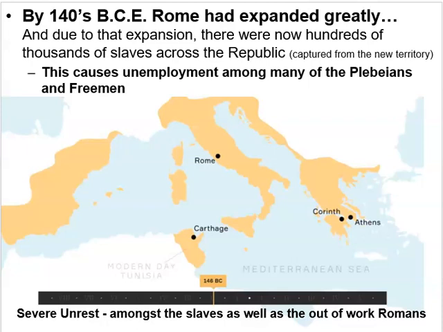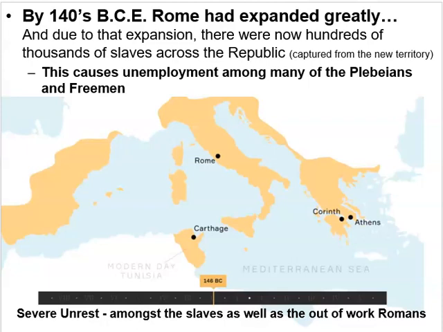The same thing happens with the unemployed and the people that fall into debt. Sometimes they are able to work off that debt and become free again. Sometimes they are not. Regardless of the cause of slavery in the Republic, there are now tons of slaves across the entire Republic.